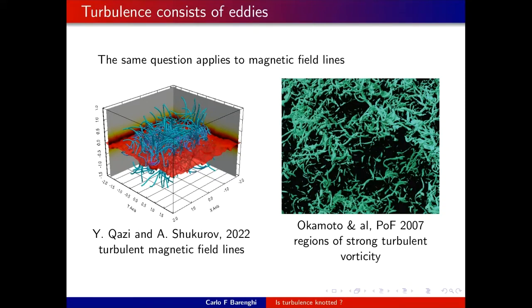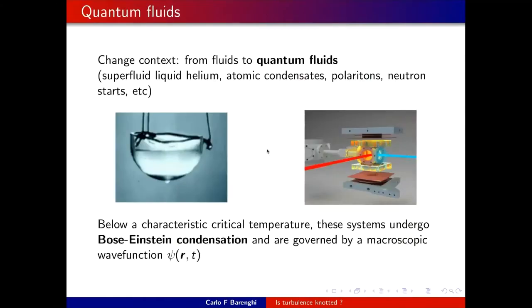And the picture which you see at the left is actually a snapshot of some time-dependent numerical solution of some kind of galactic dynamo, so magnetic field lines. The red plane which you see will be the plane of a galaxy, and all the blue lines are essentially magnetic field lines. So the situation of a disordered system of lines, infinite lines, is quite typical of many physical systems.